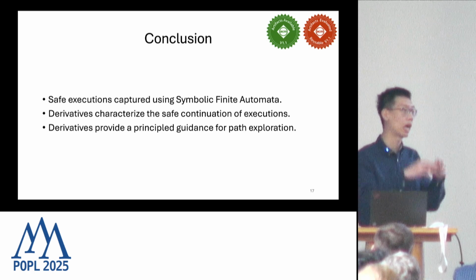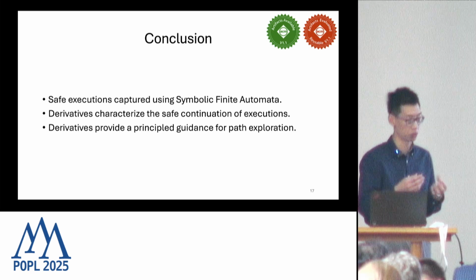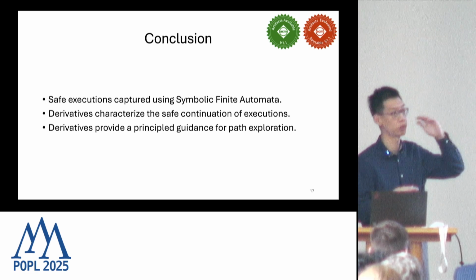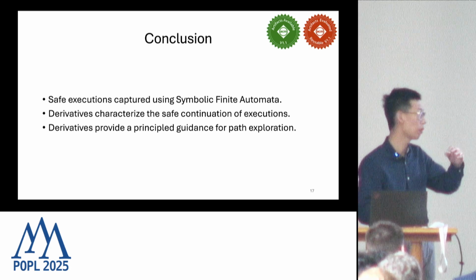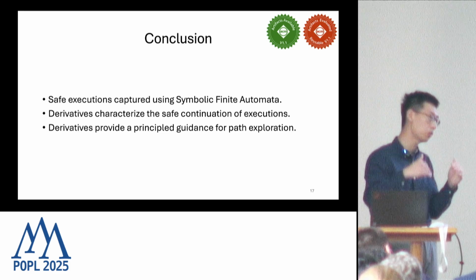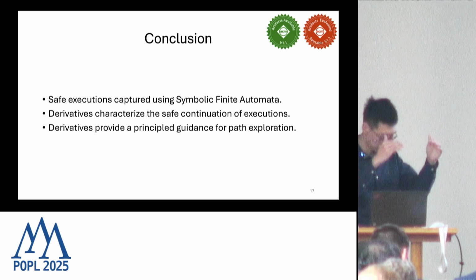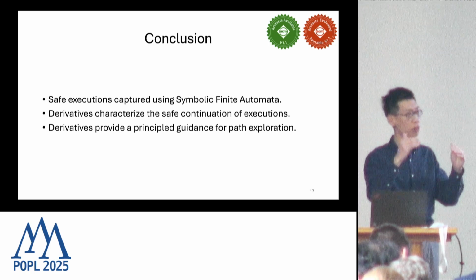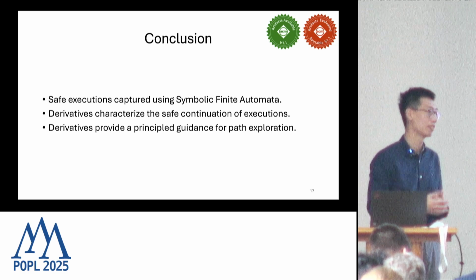So in the paper, we have two sets of semantic rules. The first one is the naive one, which does not use derivatives, and it's pretty straightforward. That operates over those automata. And then we have a second set of operational semantics rules that leverages derivatives, and we show that the derivative-guided ones are sound and complete with respect to the naive ones. Does that answer the question?